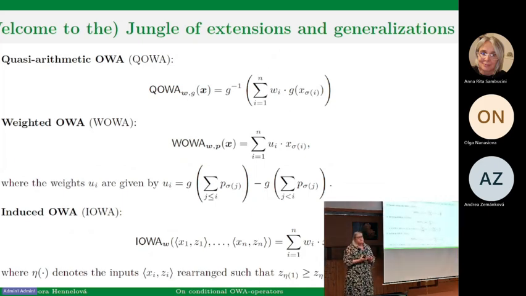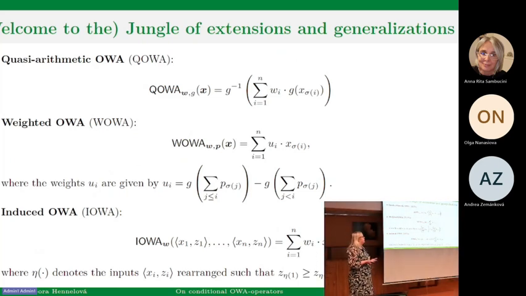OWA operators have a lot of extensions and generalizations. The first, very natural and often used generalization, uses the idea of the quasi-arithmetic mean. In this case, using a generating function, we can generate a lot of generalizations of the OWA operator. The second is weighted OWA, which combines weighted averages with OWA operators.